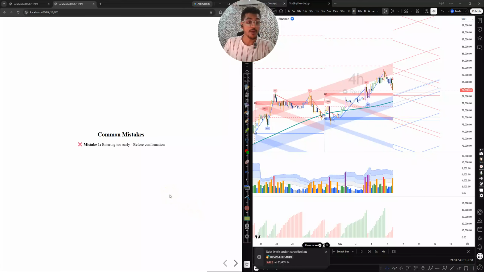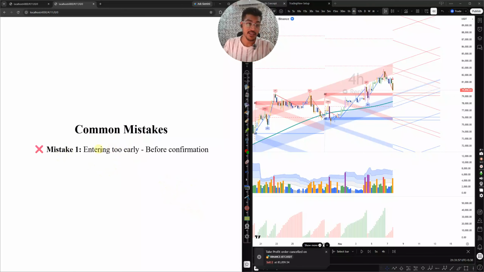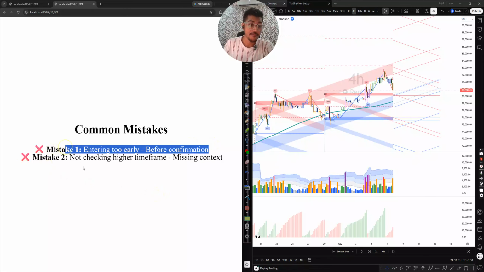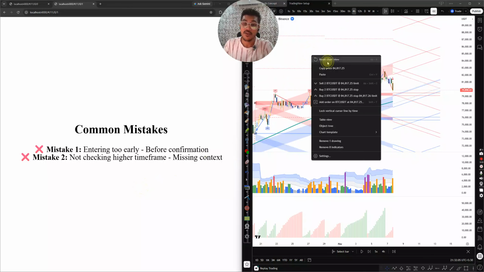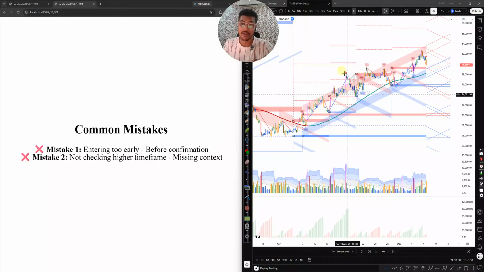All right, a common mistake that you might be making is entering too early before confirmation, so avoid that. Mistake two is not checking the higher time frame, missing context. If I actually check this on a higher time frame, all this stuff is going to be one wave. Let me actually do that.